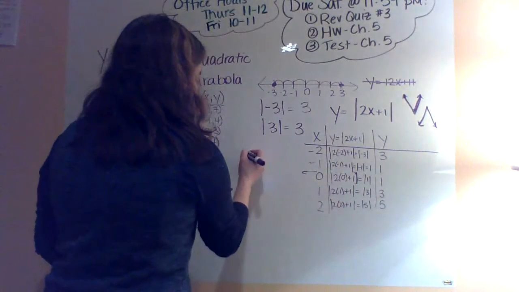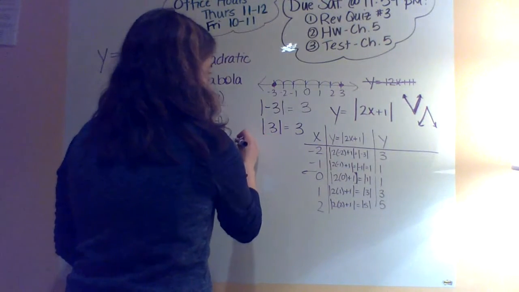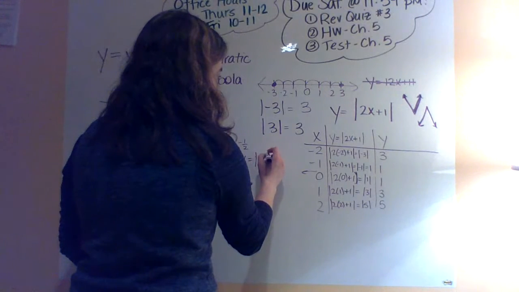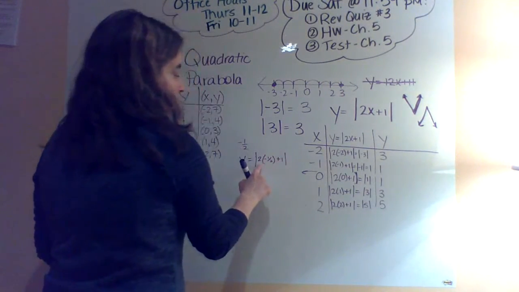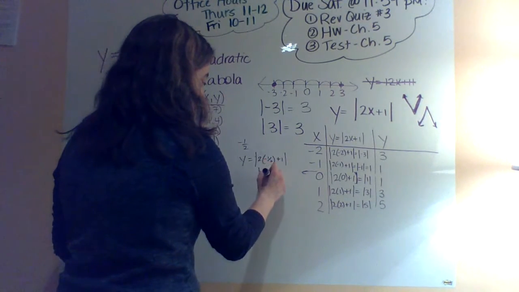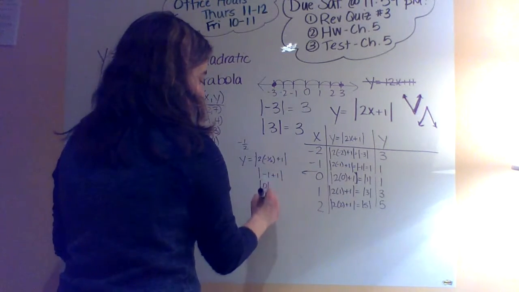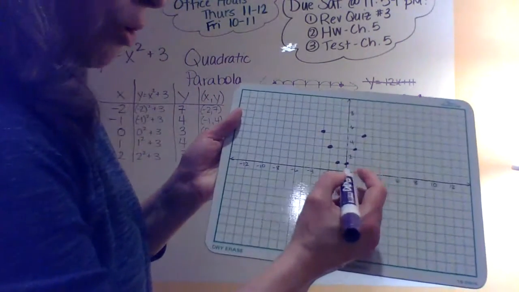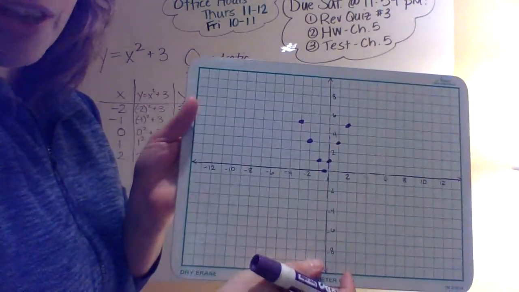So if x was -1/2, then y is going to be absolute value of 2 times -1/2 plus 1. 2 times -1/2 is -1. -1 plus 1 is 0. The absolute value of 0 is just 0. So my point is, if I went over -1/2, it would be 0. Now you can see our whole V there.